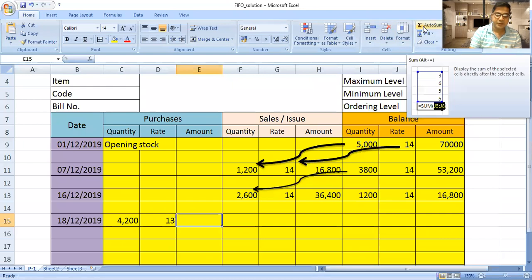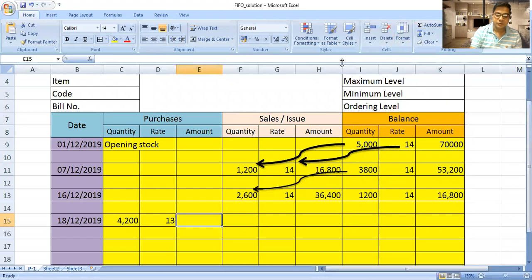The value of purchases is, yes, Tanmay, right, 54,600. Yes, others also use the calculator. Kritika, Govind, Saili, Divya also got 54,600. Now friends, you have to keep in mind we already have a closing balance of 1,200.